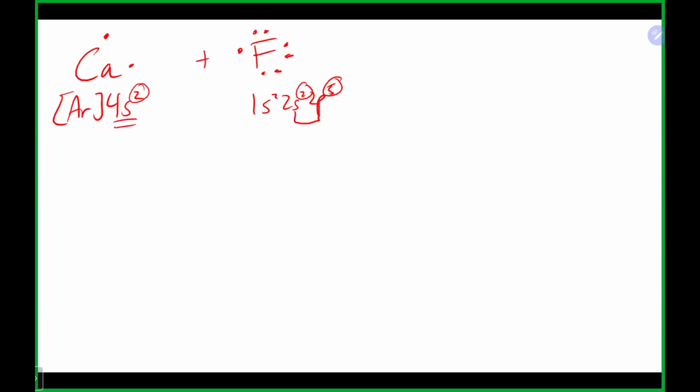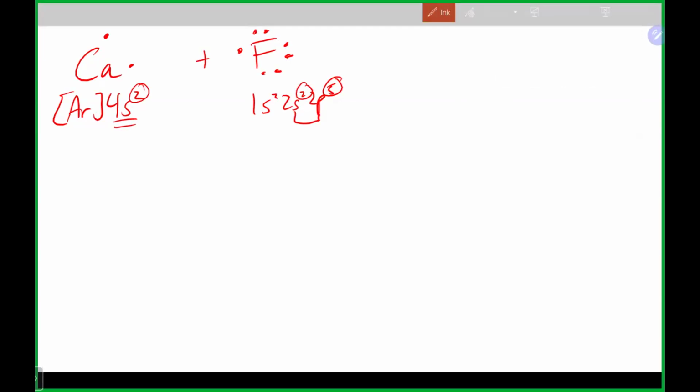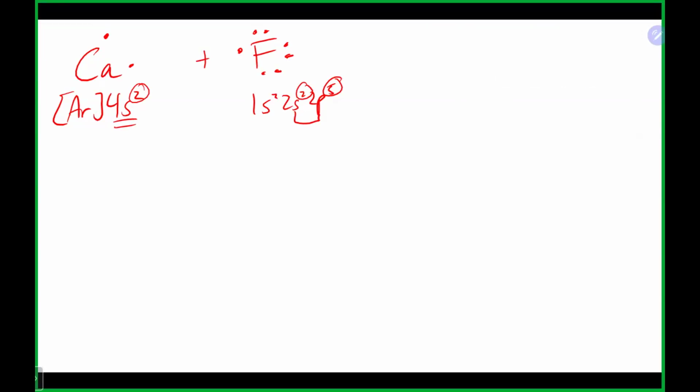So once again, in this situation, what's going to happen is our electrons are going to transfer from our metal to our nonmetal. So calcium is going to send an electron over. Now, we run into a little situation when this happens.